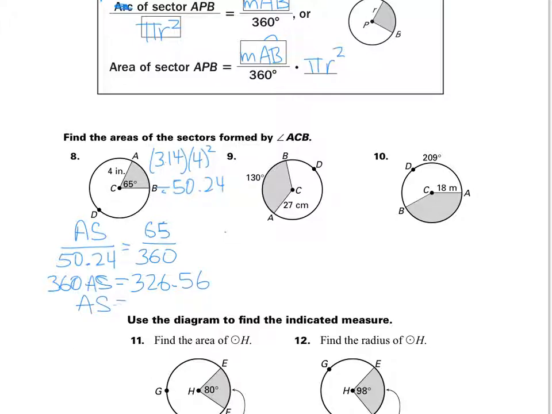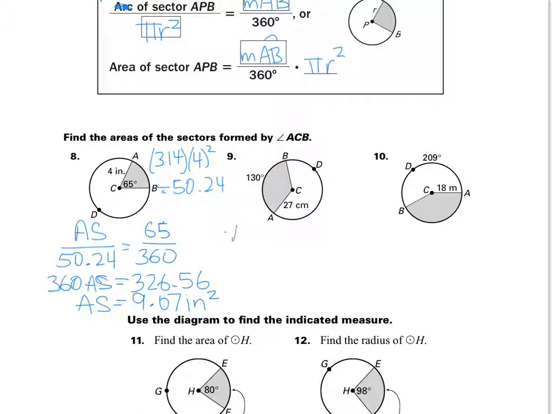So the area of the sector divided by 360 is 9.07 inches squared. So that's the actual shaded region.